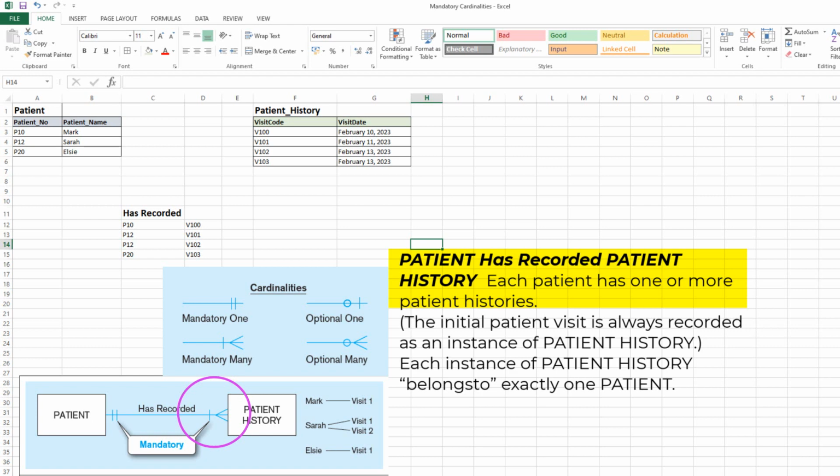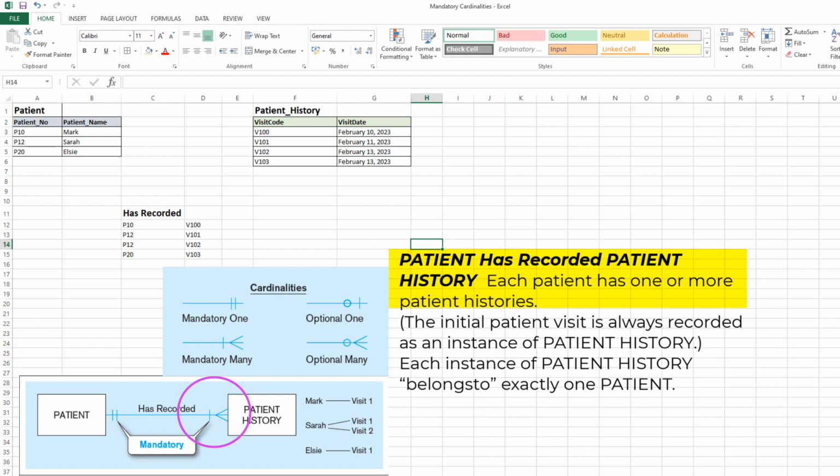So it is mandatory to have at least one patient visit record in a hospital to be considered a patient. It is that simple. For example, I recently visited an ophthalmologist at the Silang Specialist Hospital. That was my first visit, and therefore I have fulfilled that business rule.